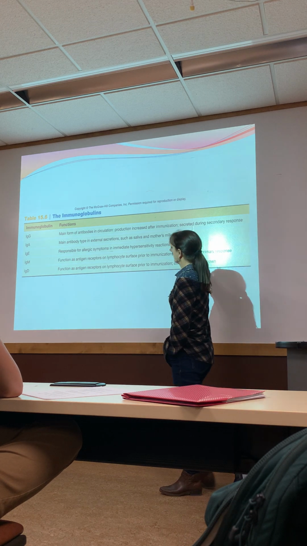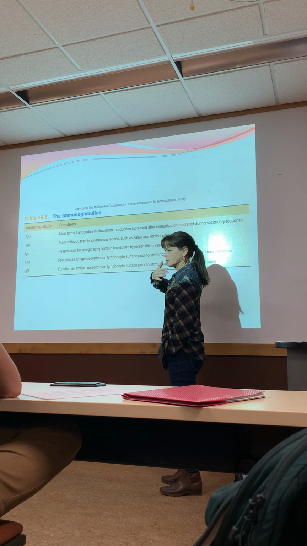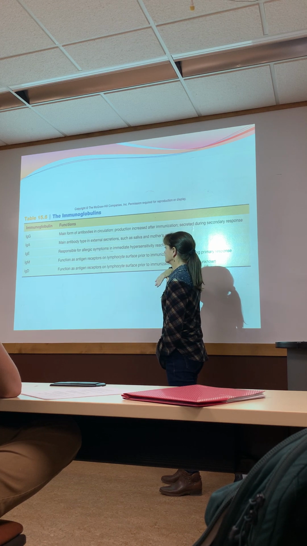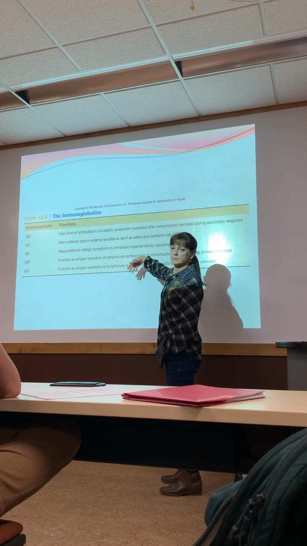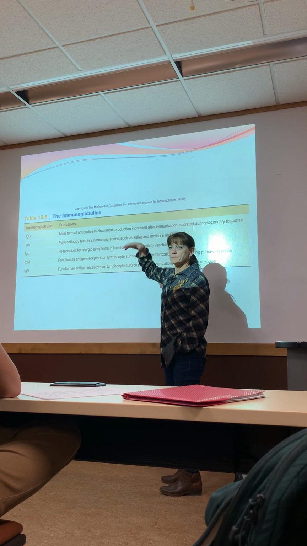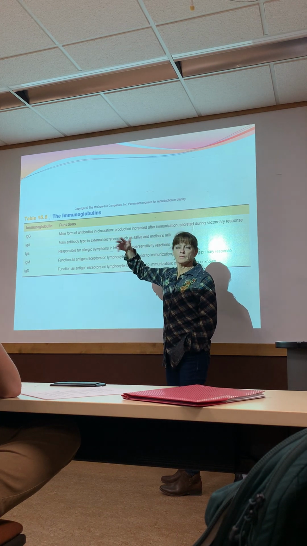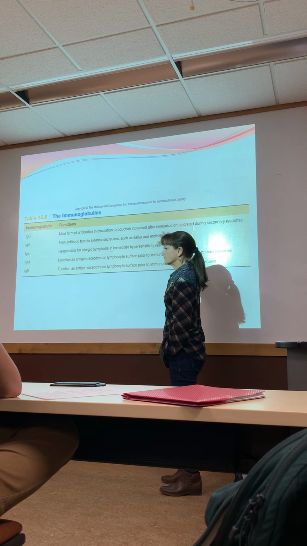It helps with GI type things because it's more in the gut as opposed to anywhere else. These don't last forever though. As soon as you're done breastfeeding, they die out in about 2 weeks. But by that time, baby's been exposed to their own stuff and is building their own immune response. So it's kind of a little extra.